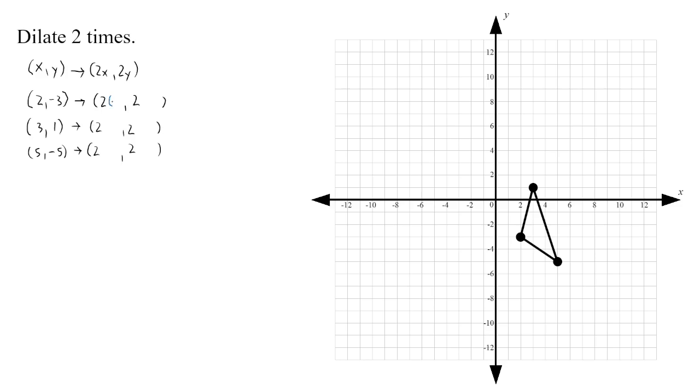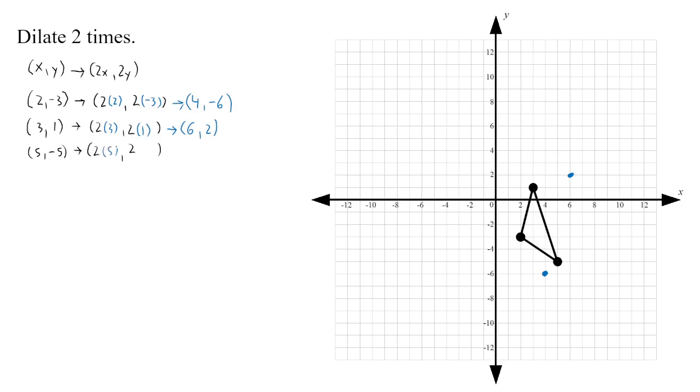So we have 2, -3. This will give you 4, -6. We're going to plot that. Next, we have 3, 1. This will give you 6 and 2. We're going to plot that.